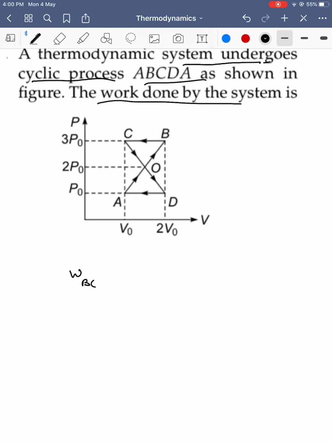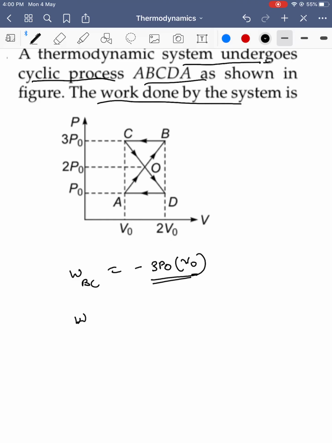Work done in BC is equal to, what is the work done in BC? P minus 3 P0 into change in volume V0. Sorry, because its volume is reducing, it is 3 P0 into V0.